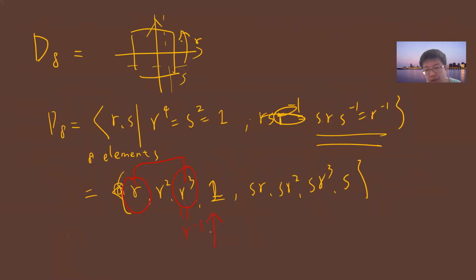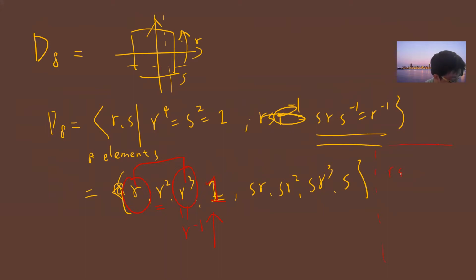And identity is its own conjugacy class. How about R squared? Okay, so notice that one can easily compute.